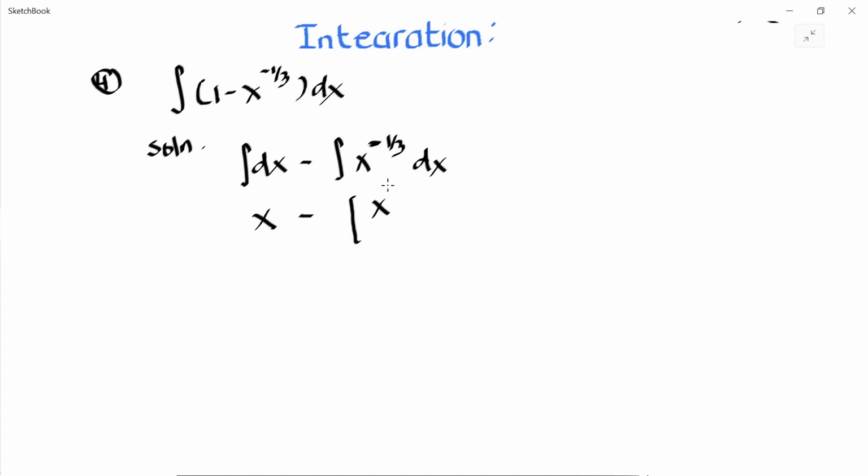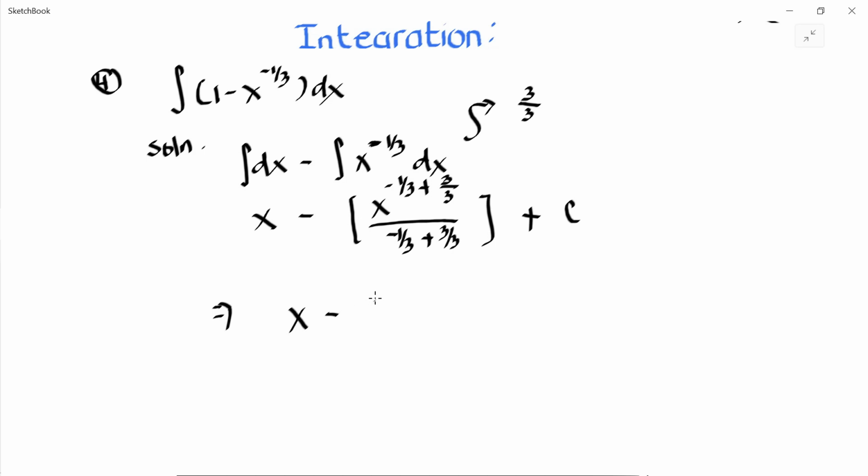The integrals of x raised to negative 1/3 is negative 1/3 plus 1, which is also equals to 3 over 3. Therefore, this is 3 over 3 divided by negative 1/3 plus 3 over 3 plus some constant c.